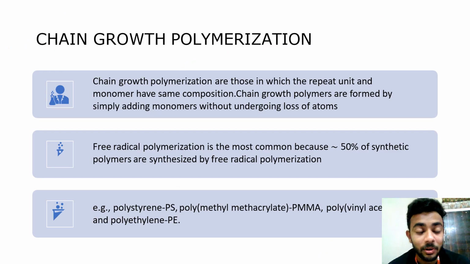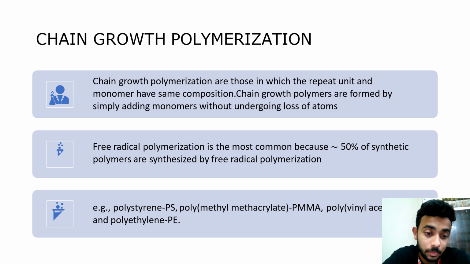So, let us discuss chain growth polymerization. In chain growth polymerization, the repeat unit and monomers have the same composition. Chain growth polymers are formed by simply adding monomers without loss of atoms. Free radical polymerization is the most common, because 50% of synthetic polymers are synthesized by free radical polymerization.